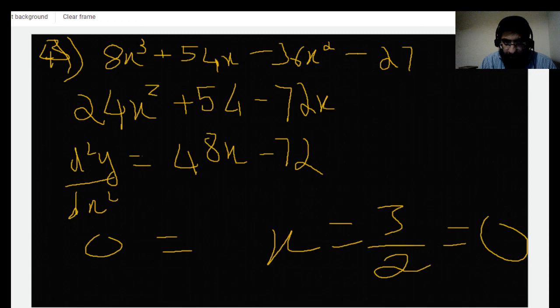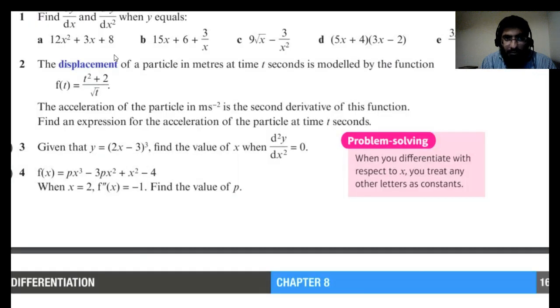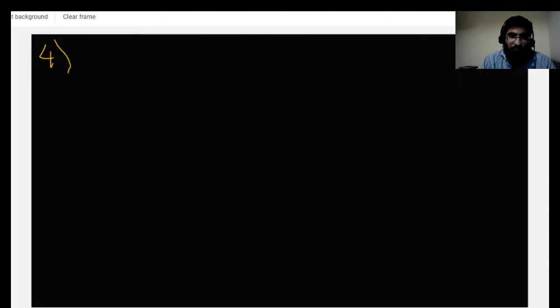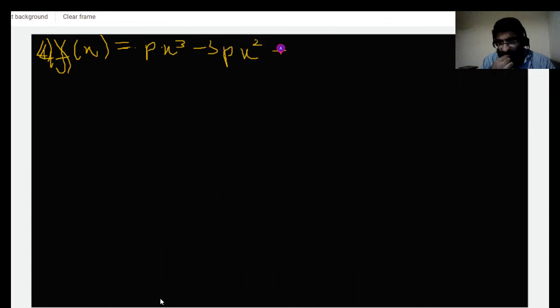Now, fourth question. f of x is equal to p x cube minus 3 p x square plus x squared plus 4.